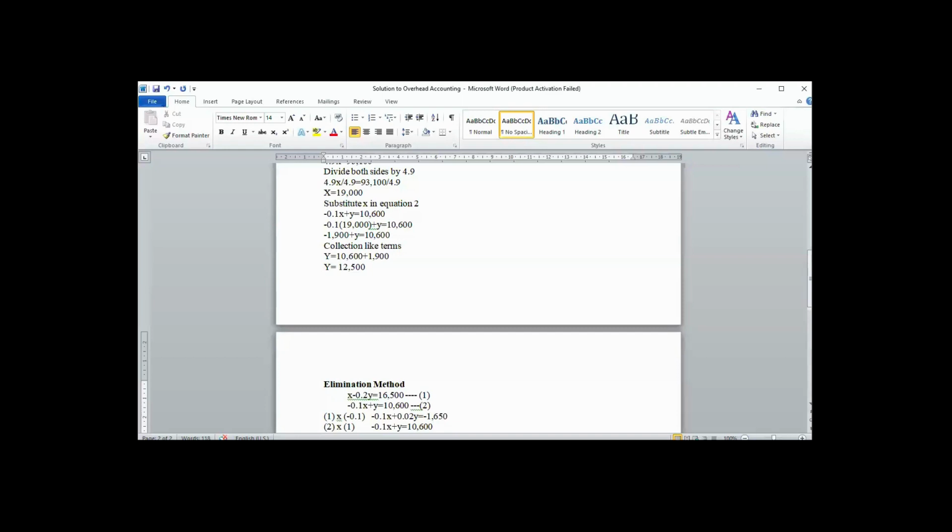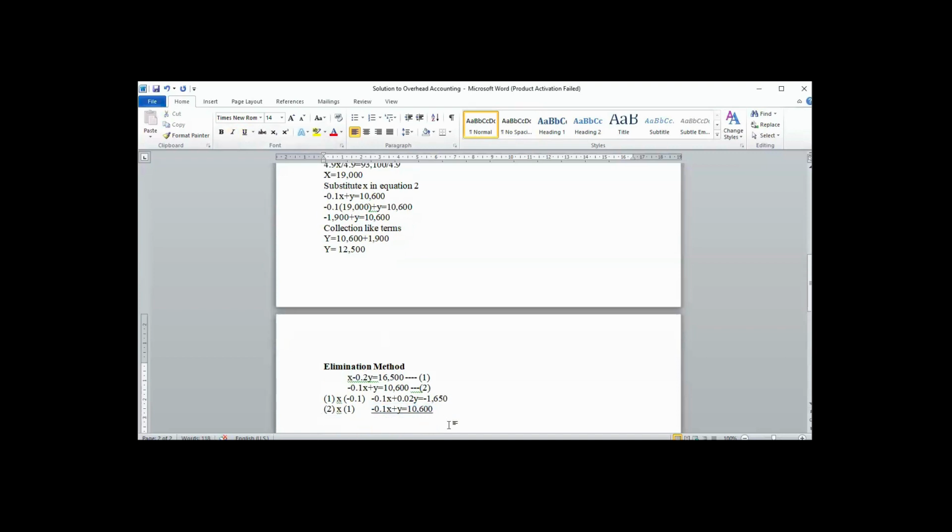You will now come up. Equals to. Now, I want to see whether we got it right. Minus 0.1x minus 0.1x. What will you get?